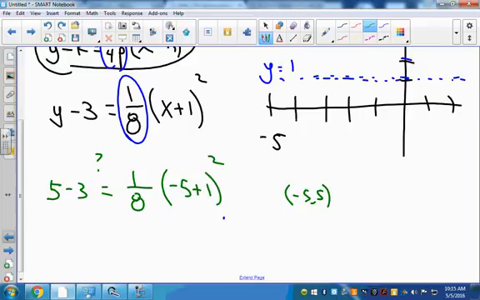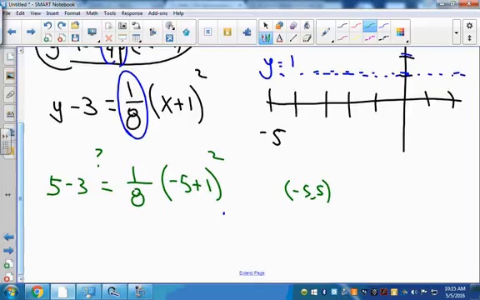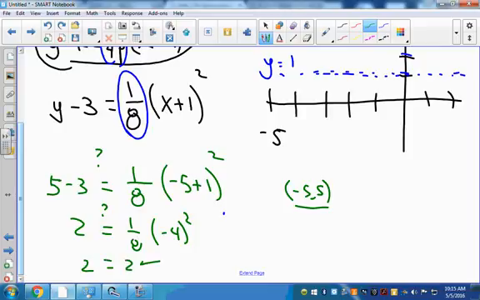Is that true? Well, it better be, otherwise I screwed up my point. This works out to be 2. Is that the same as 1/8 of negative 4 squared? Negative 4 squared is 16, 1/8 of 16 is 2. Yeah, so it does work. Okay, so that point is on the parabola.